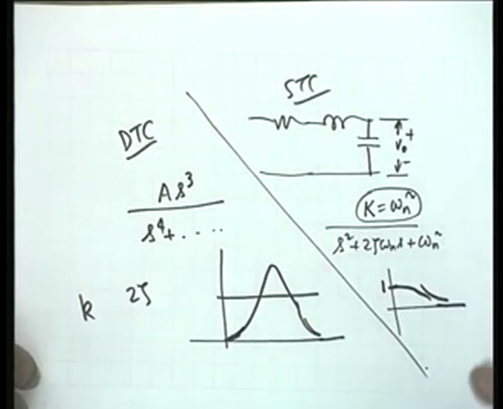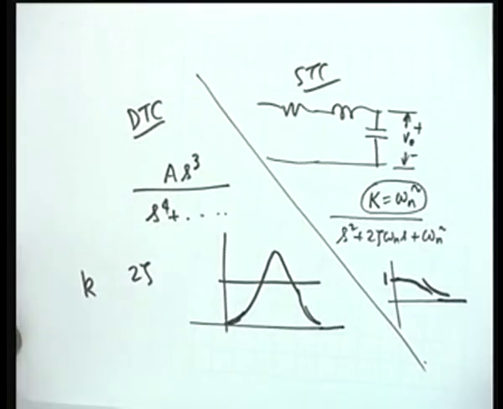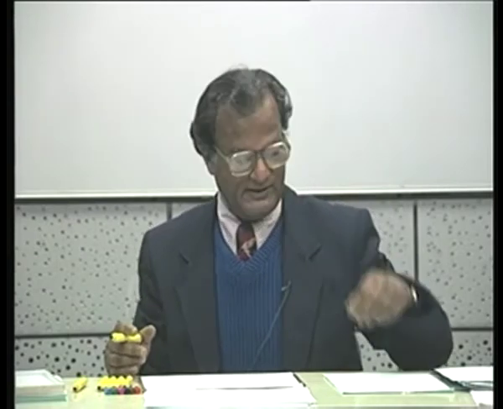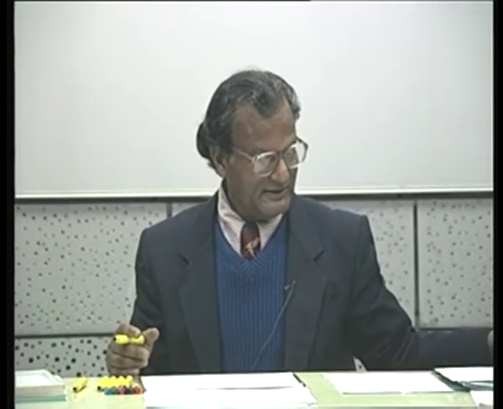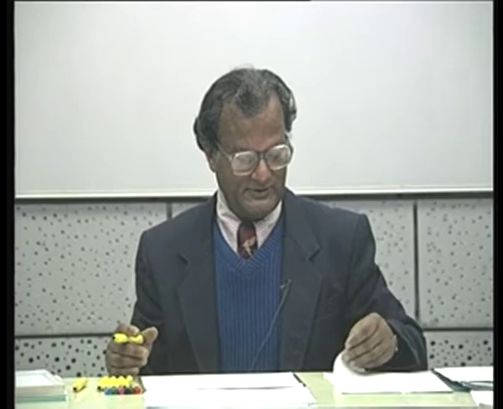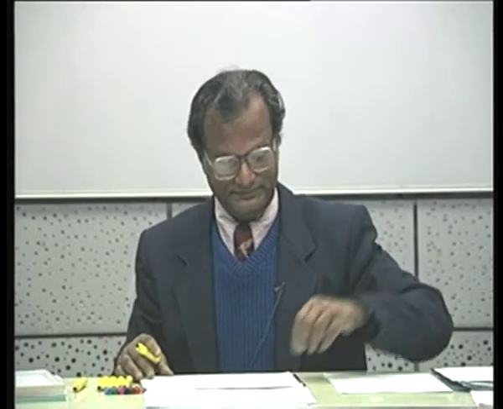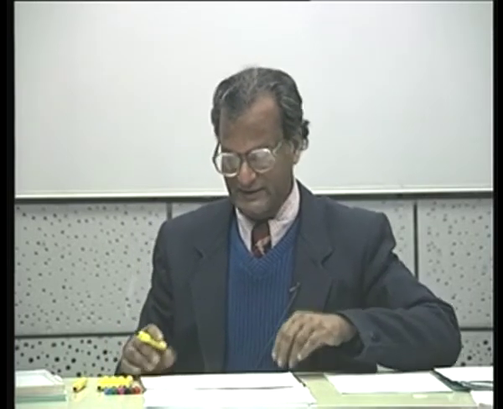Now, let us go back after this qualitative explanation of why there should be a maximum and why there should be at least 2 half power points and the difference between STC and DTC. Let us look at the actual situation depending on the values of k and zeta.